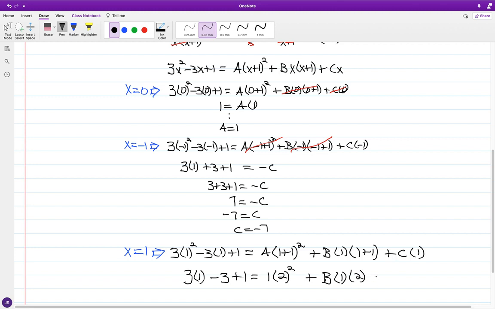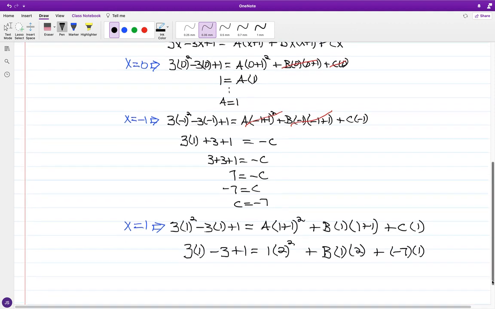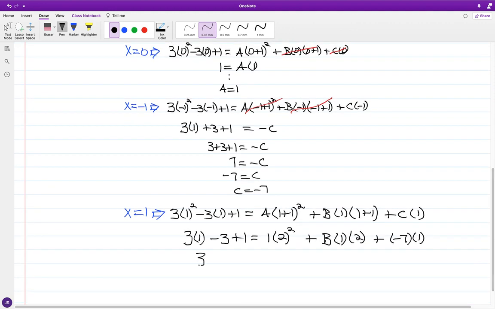And c, again, we have at negative 7. Again, 3 times 1 is 3, minus 3, this will go out, and we have 1. And 2 squared is 4. And we have plus 2b minus 7.